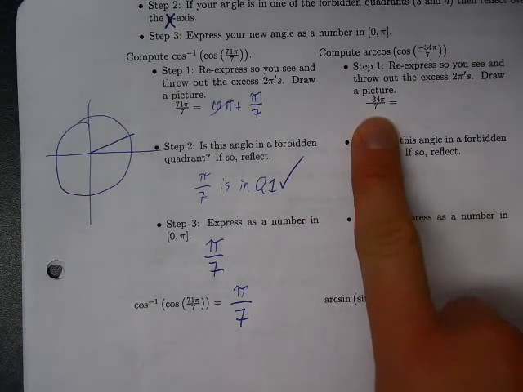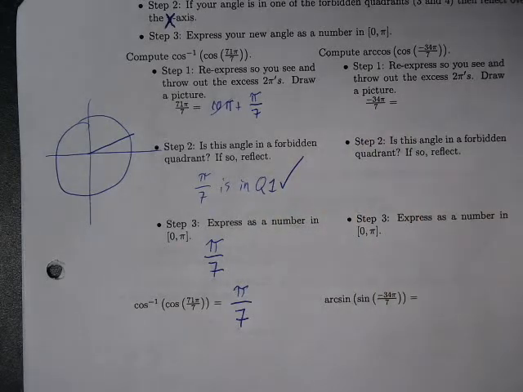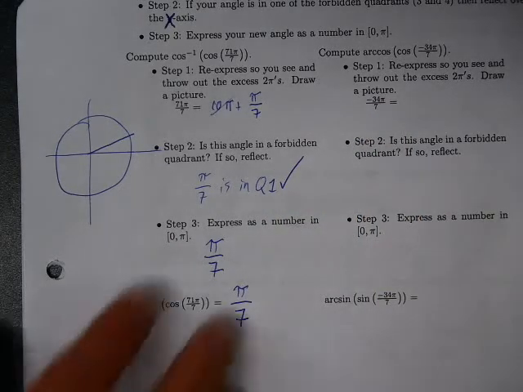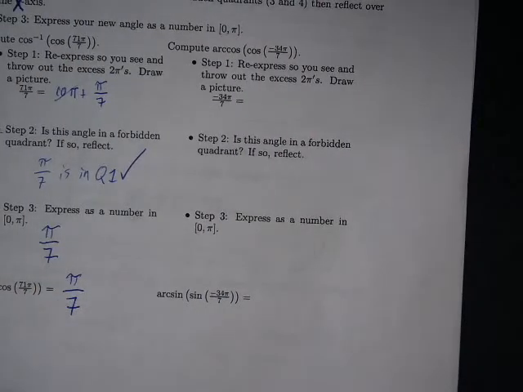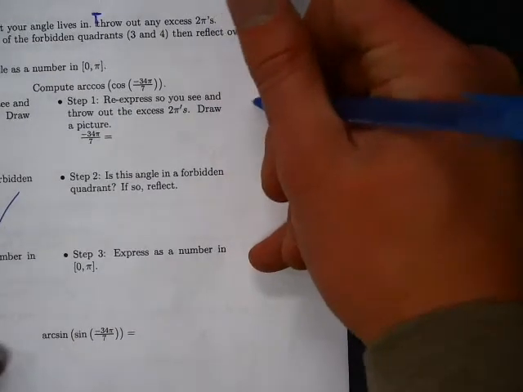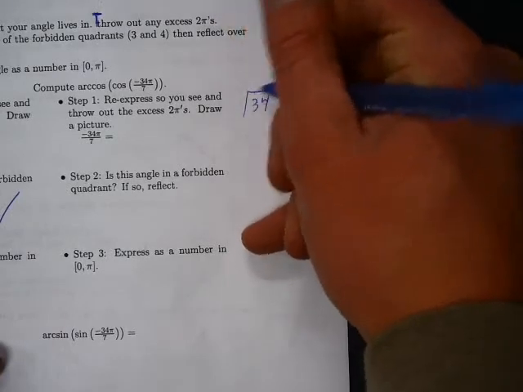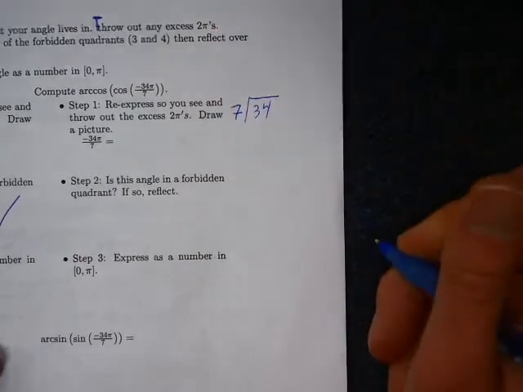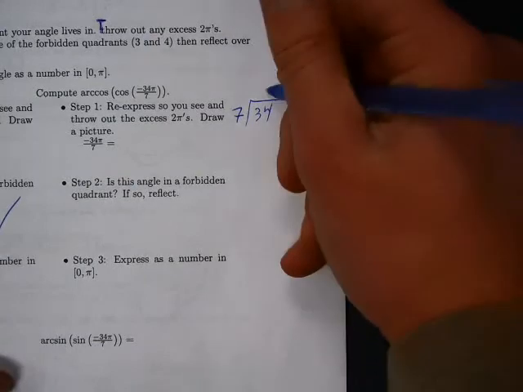Next, let's do negative 34 pi over 7. Let's do the same thing. So I guess first, do some division to figure out what our reference angle to study should be. So let's see. 34. I want to know how many times 7 goes into it. I guess the closest multiple of 7 is 28.